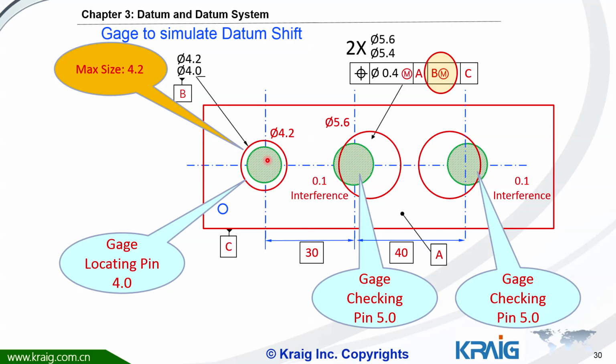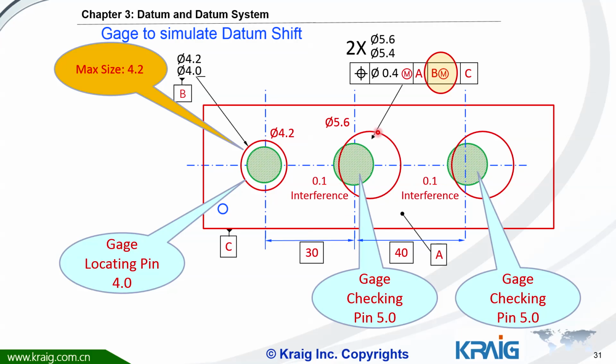The gauge pin, the location pin, is a cylinder. As long as the actual size becomes bigger, then there's a datum shift. So we are going to use this gauge to simulate datum shift. Let me give one more example.